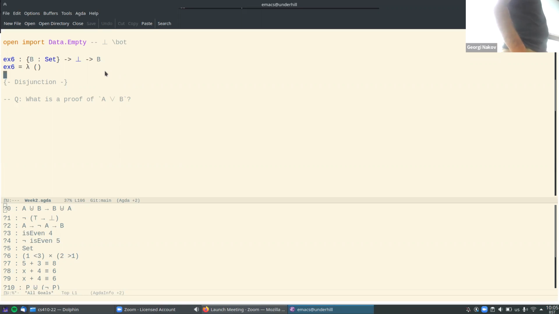We got as far as the fact that we use an empty type to represent falsity, and that we have the joy of programming by saying, this can't be happening to me, get me out of here.